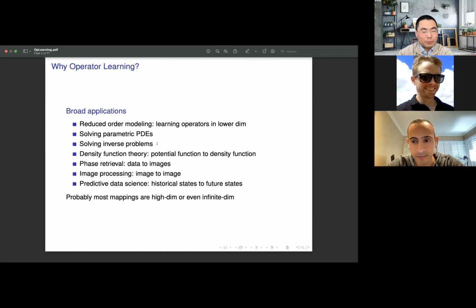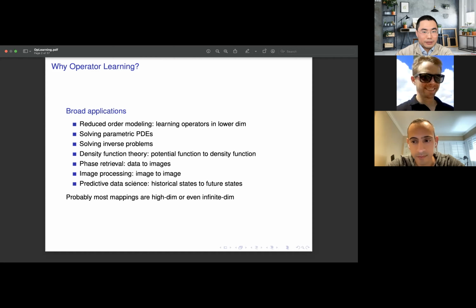And in some other problems, for example, solving inverse problems, we have some mathematical operator mapping from the measurement space to the image space that you want to reconstruct, including phase retrieval, including image processing, where we have a mapping from some data to the image of interest.